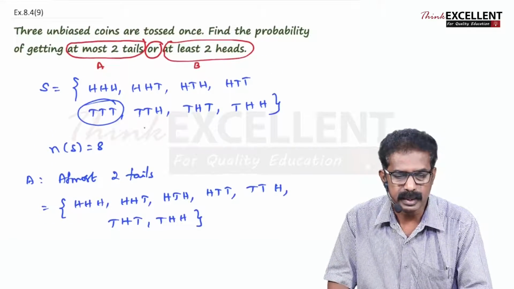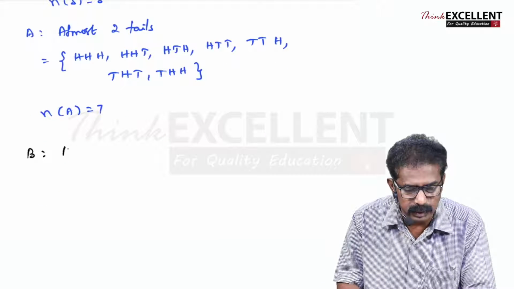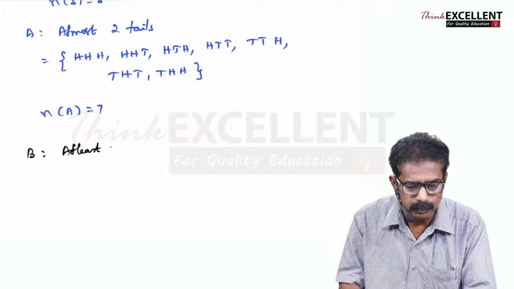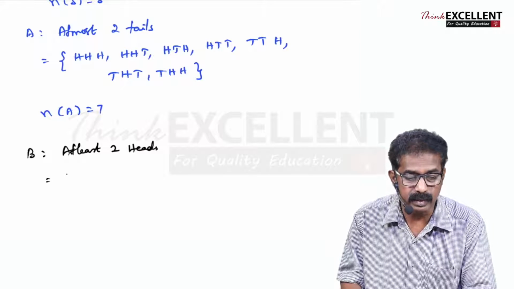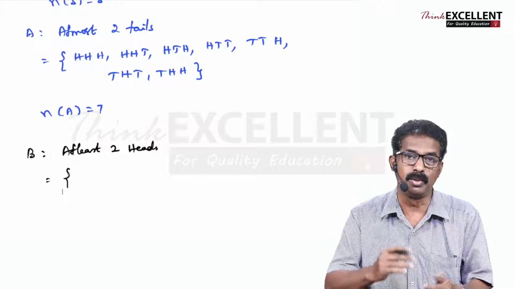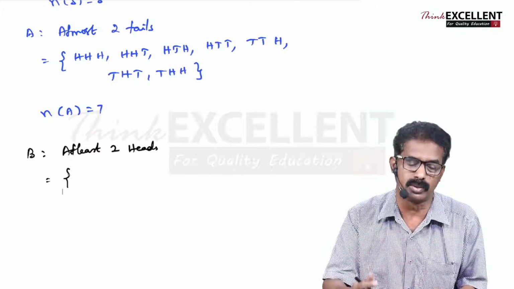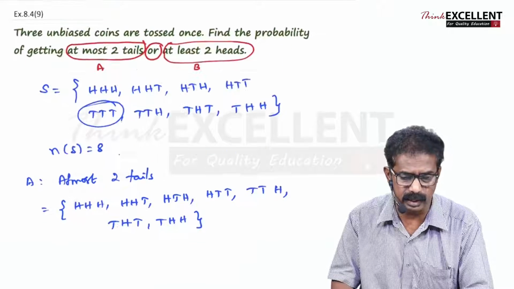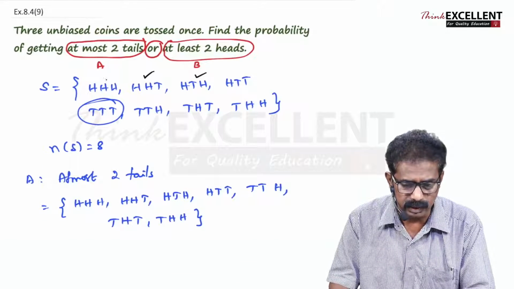Now, second event, at least 2 heads. So B stands for at least 2 heads. What's the meaning of at least? You be very careful with this at least and at most. At least 2 means 2 or more. So you can take 2 heads and 3 heads, even 3 heads you can take, right?